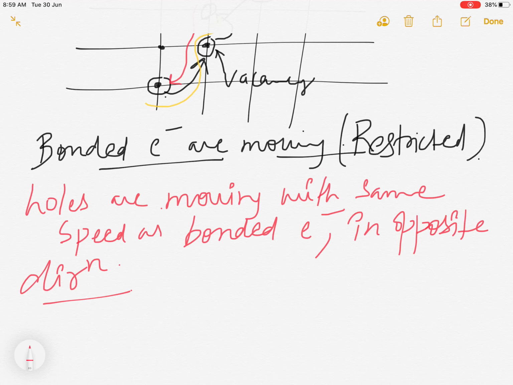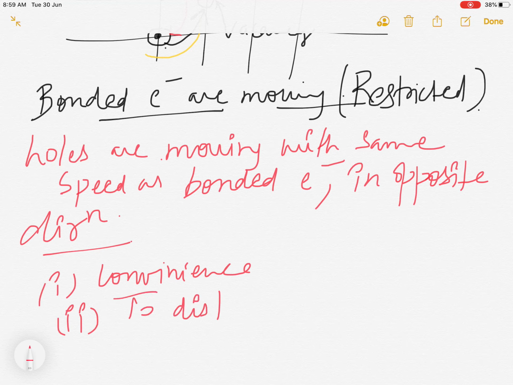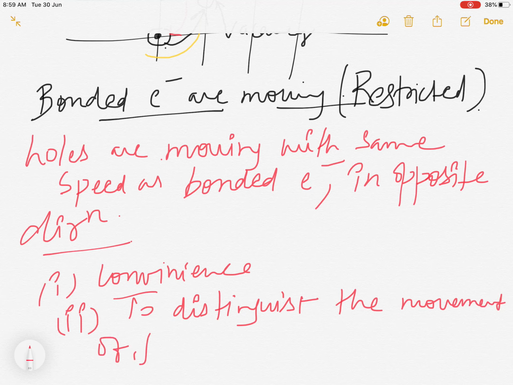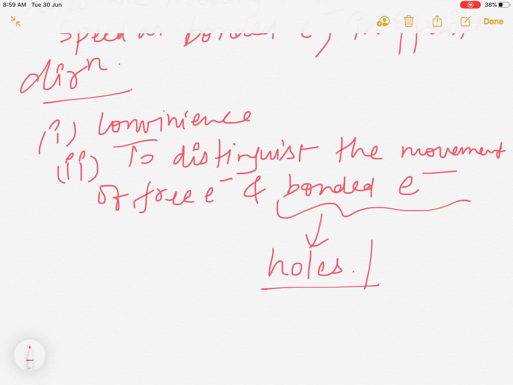So, first for convenience, and secondly to distinguish the movement of free electrons and bonded electrons, we say these are movements of holes.